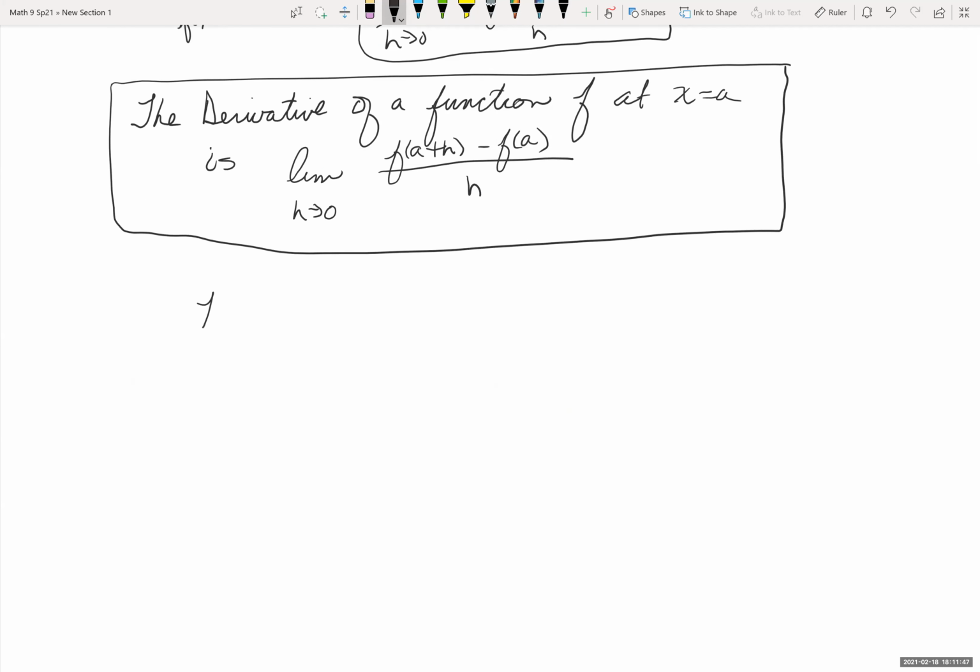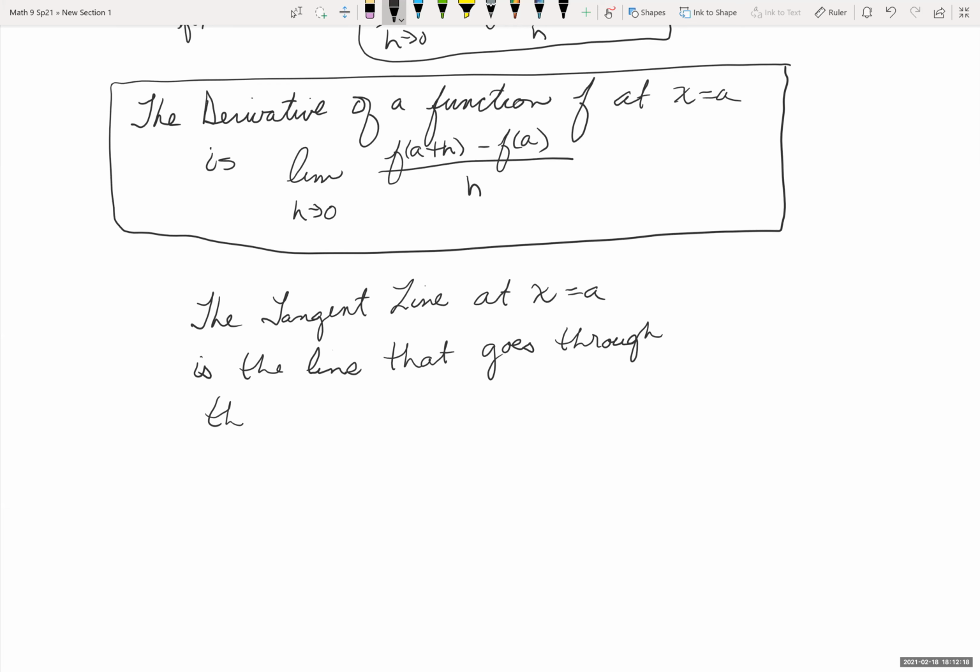So let me just write that down. So the tangent line at x equals a is the line that goes through the point at x equals a, so that would be a, f of a, and has the slope which is equal to the instantaneous rate of change at x equals a.